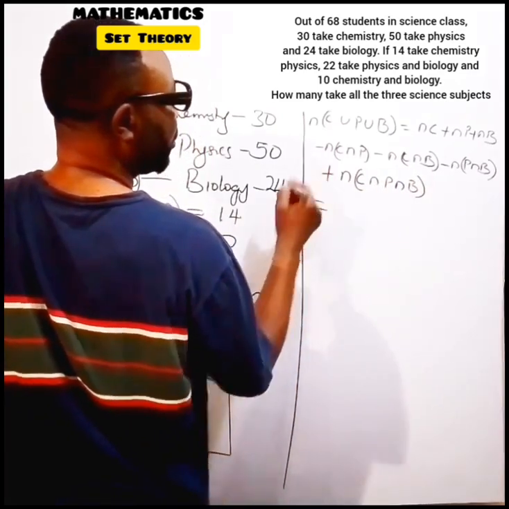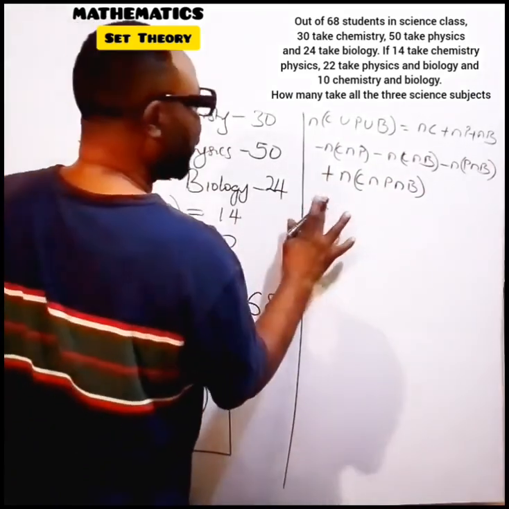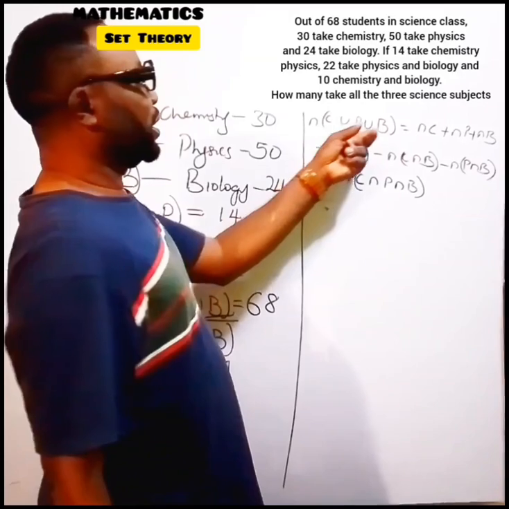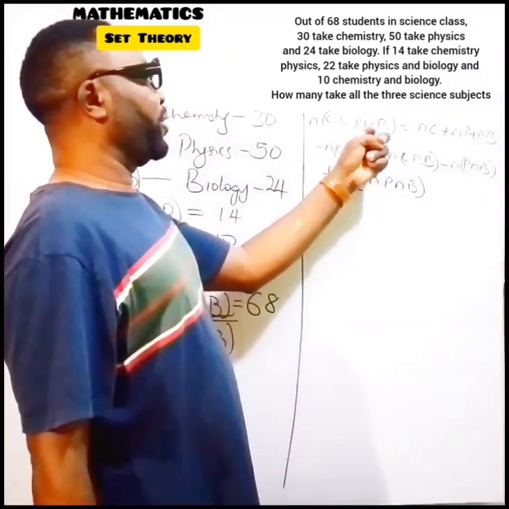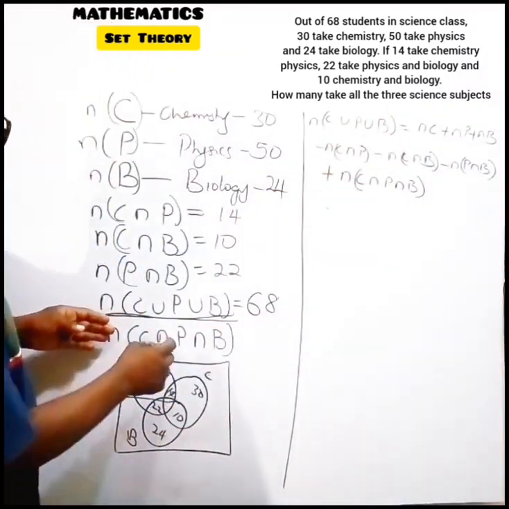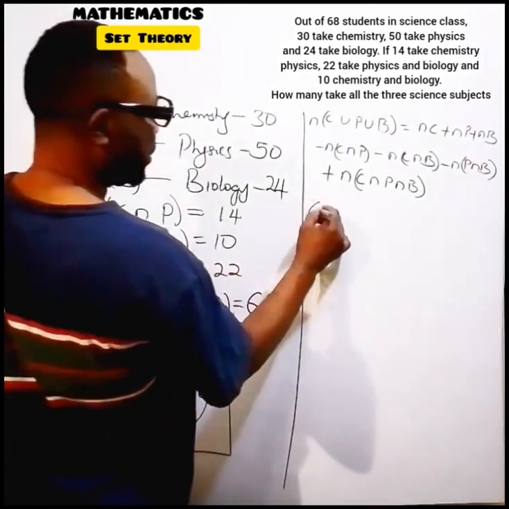We have the value for the left side already, the number of chemistry union physics union biology. That has been given to us to be 68.